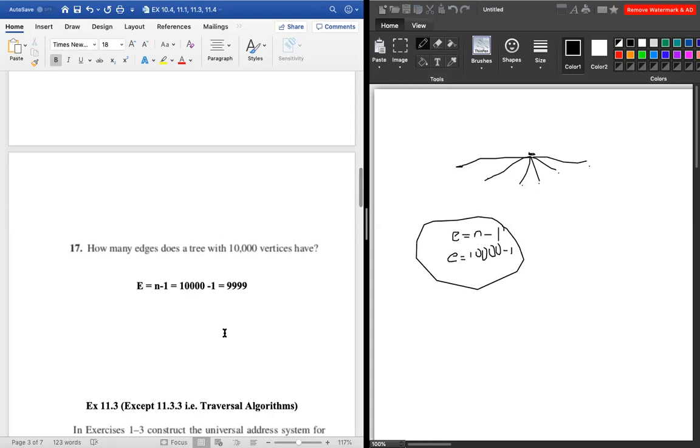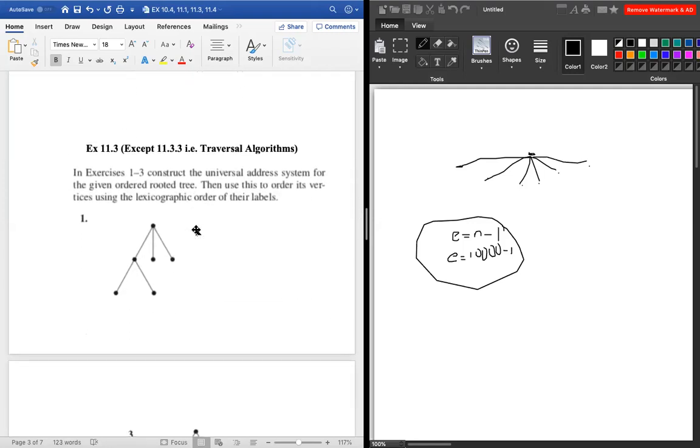Any questions? Okay, so this is also a very small exercise, and let's move on to the next exercise.